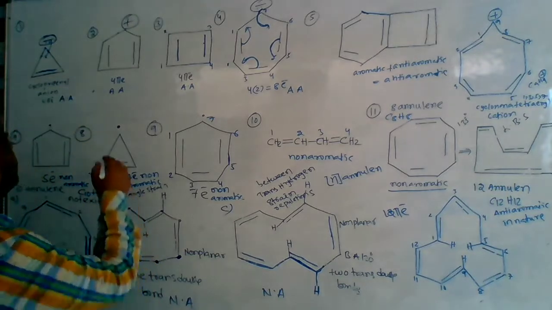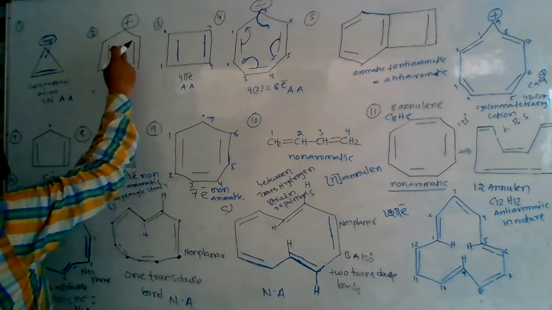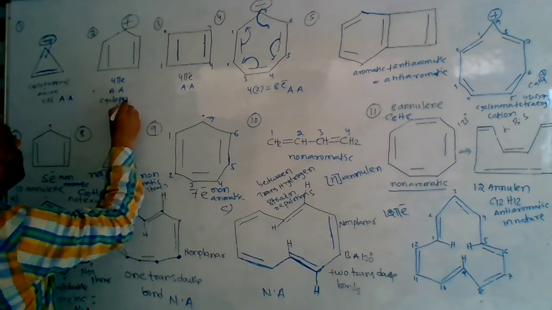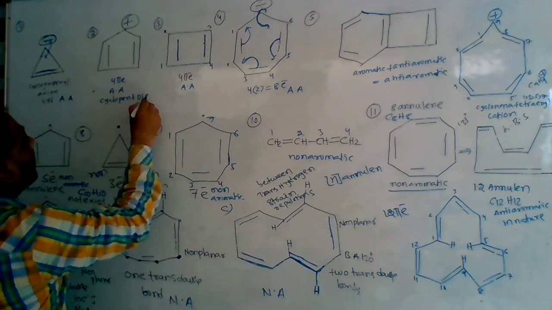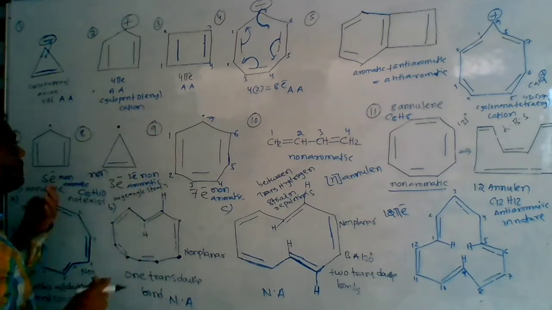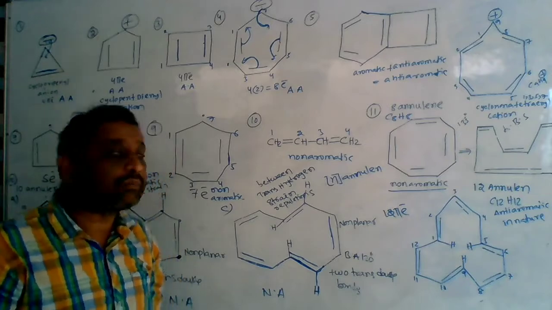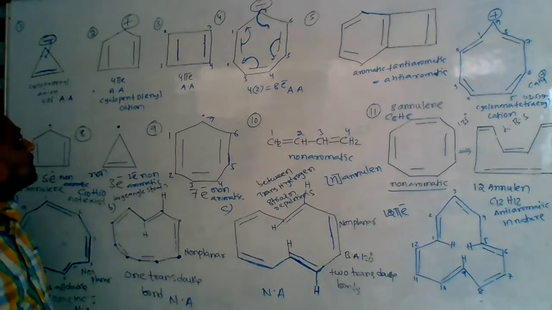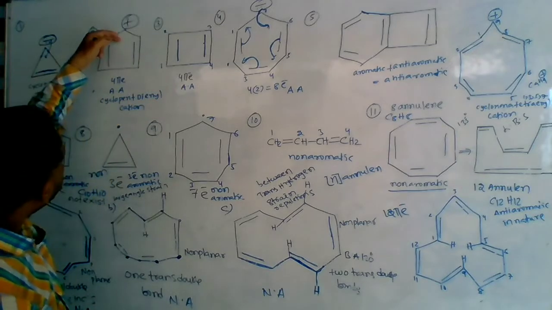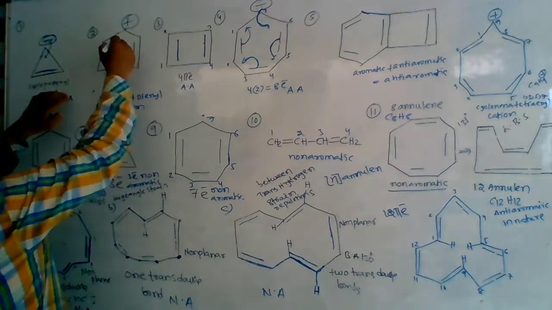The second example is cyclopentadienyl cation. It is also a cyclic hydrocarbon. All carbon atoms are sp2 hybridized, planar molecule. Complete conjugation is available here.